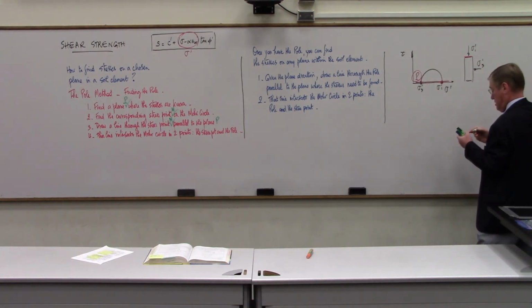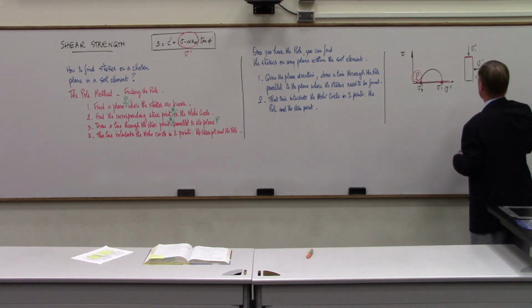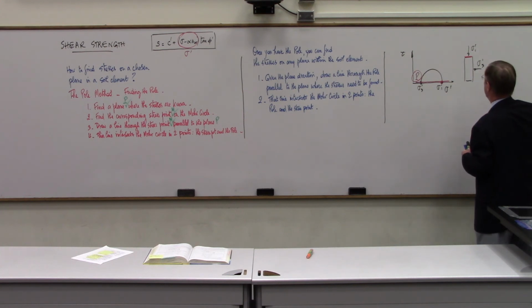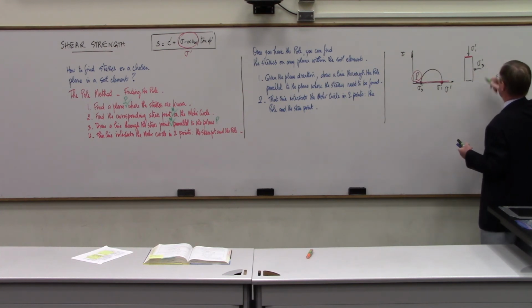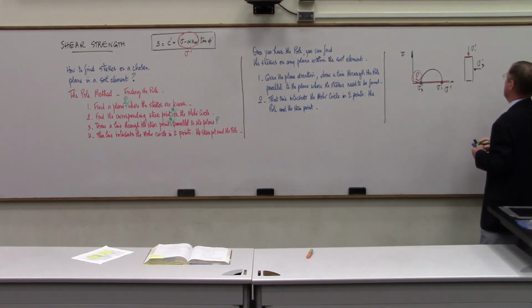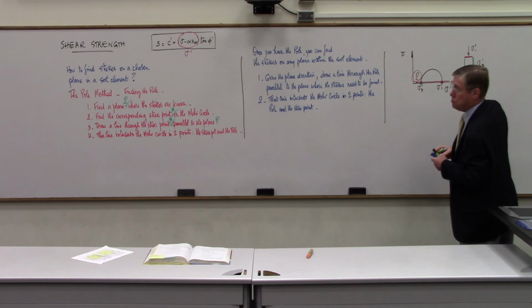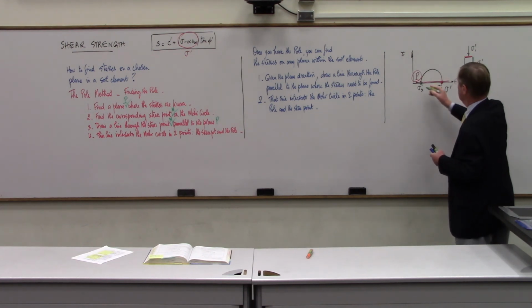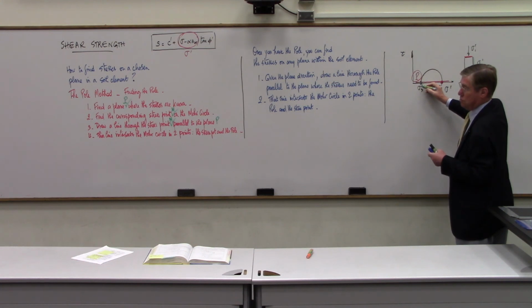I could have done it using the other plane where I know what's happening. On this plane, the stresses are sigma prime 3 and 0 shear, and the plane is vertical. So I apply number 2 in red over there, find the corresponding point on the Mohr circle, and then number 3 says draw a line through the stress point parallel to the plane.